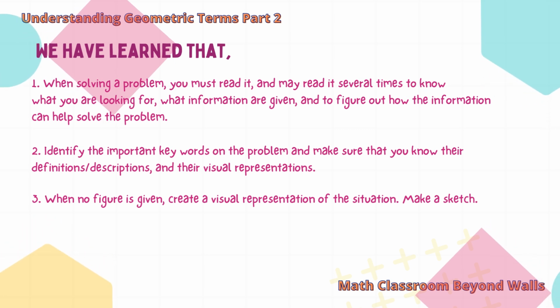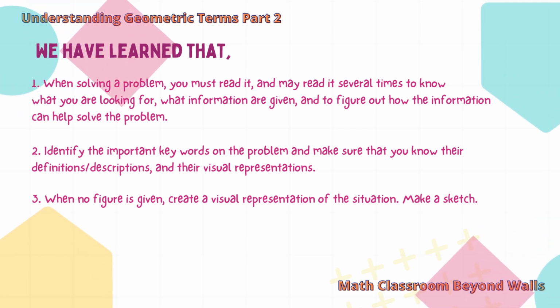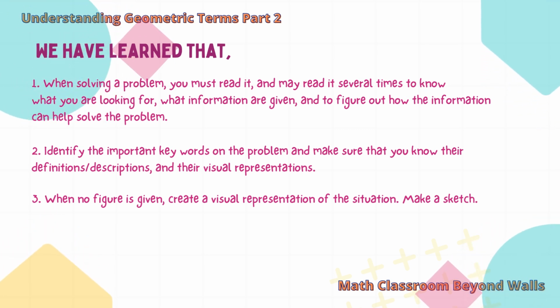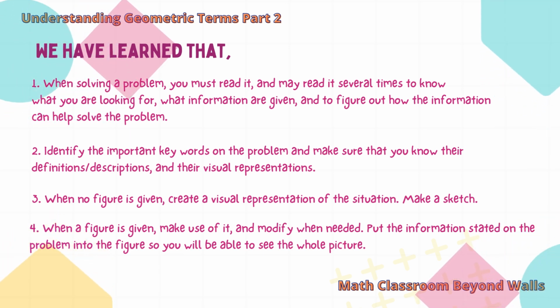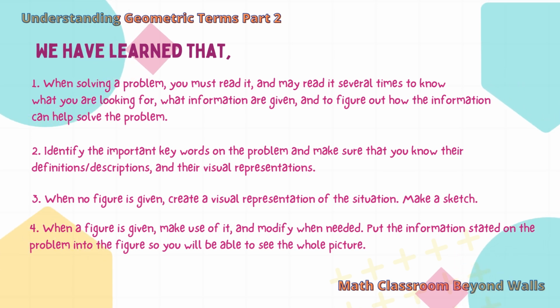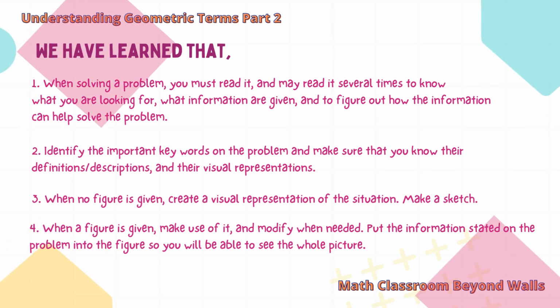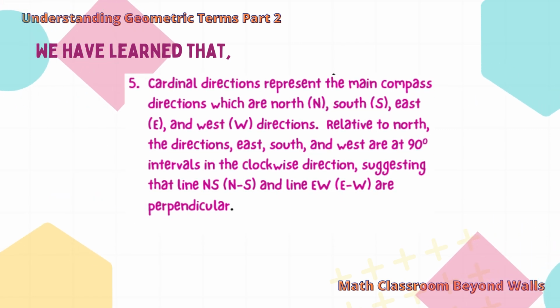Third, when no figure is given, create a visual representation of the situation. Make a sketch. Fourth, when a figure is given, make use of it and modify when needed. Put the information stated on the problem into the figure so you will be able to see the whole picture.